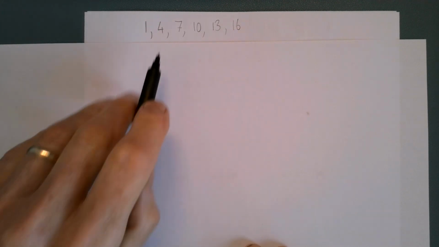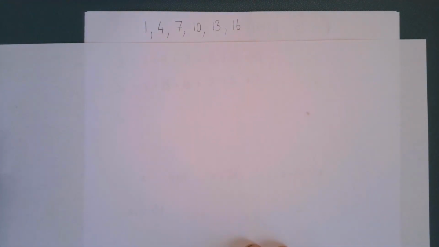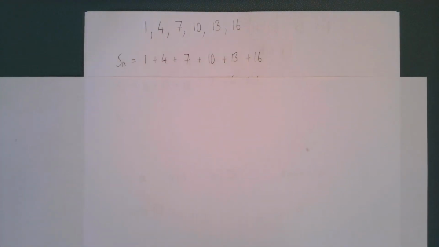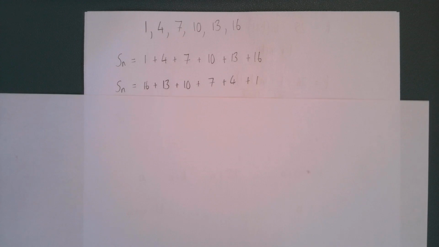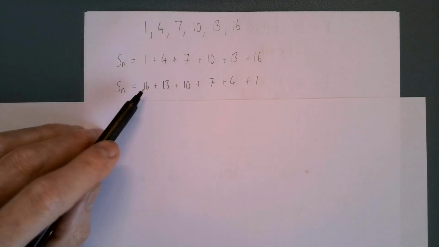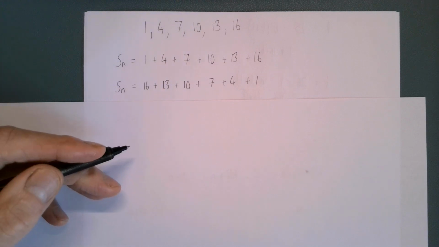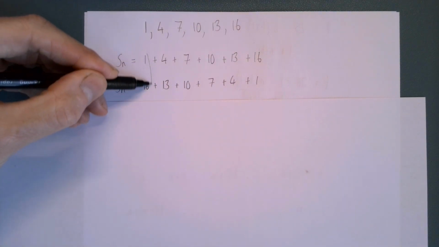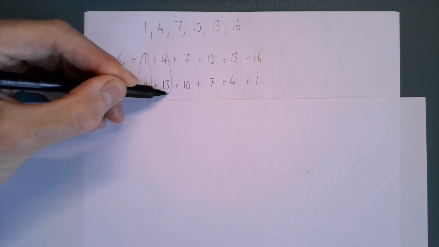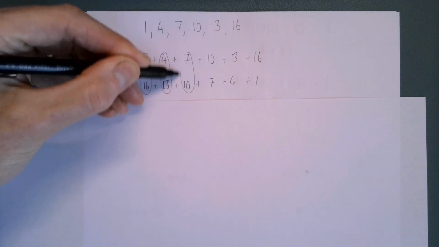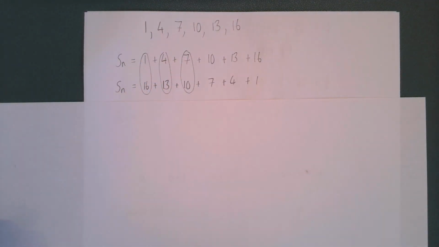arithmetic sequence. So here's an example arithmetic sequence, it's got 6 terms. So the sum is obviously those numbers added together. And the trick we use, if you remember, is to write the same sum in reverse. And what you note is that the terms which are lining up with each other all add up to 17.